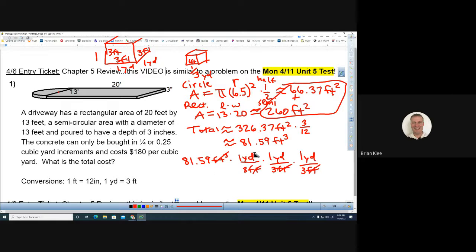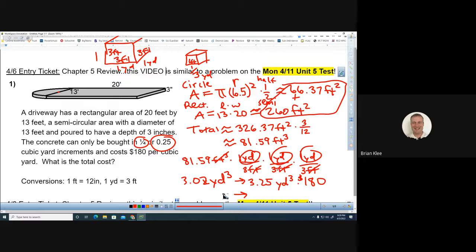And now what we have left, yards to the third power, 3.02 cubic yards. I would have to round that up to have enough, a quarter yard or 0.25s. I need to order 3.25 cubic yards times $180.